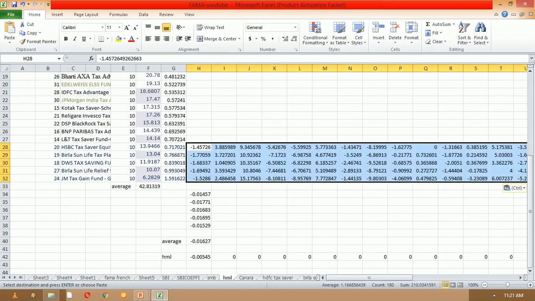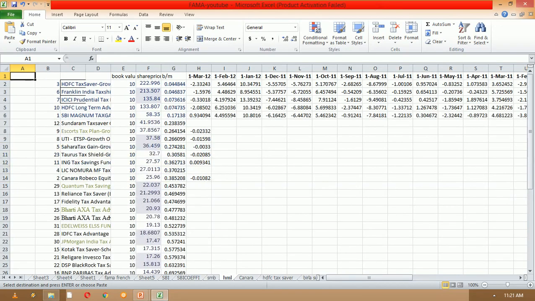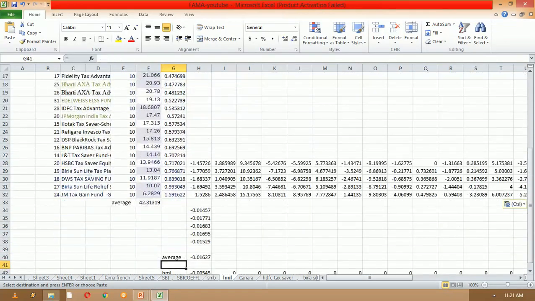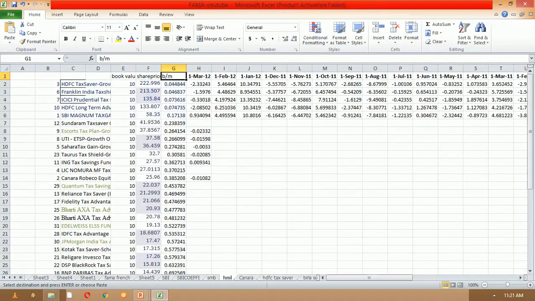Right, so this is the return of high minus low, which is based on the book to market ratio. It is started, that is higher minus lower.